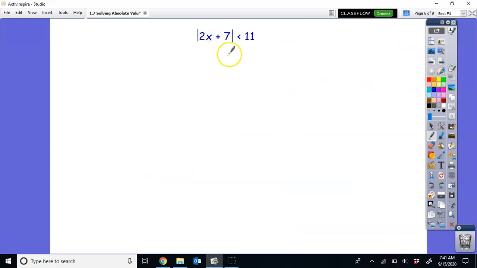So if you have this absolute value, remember what this is saying is that this stuff right here is less than 11 spaces. Notice it's talking about that distance again. It's less than 11 spaces from 0, right?